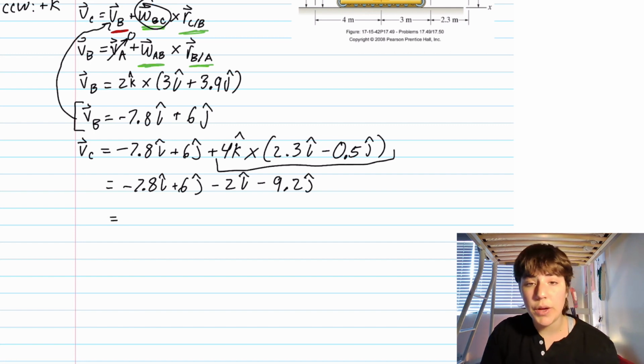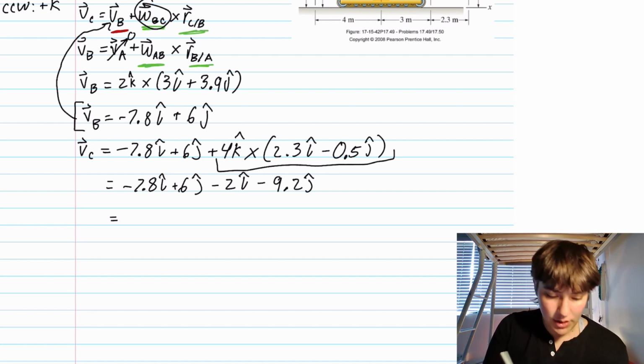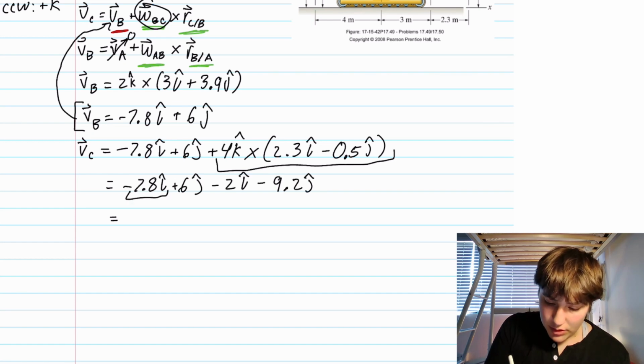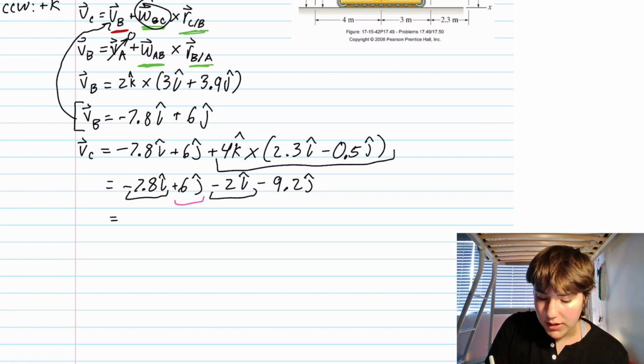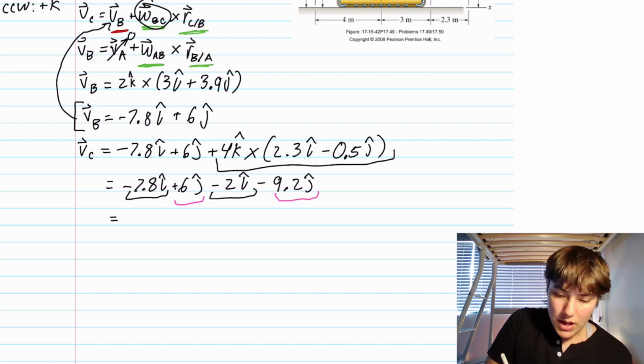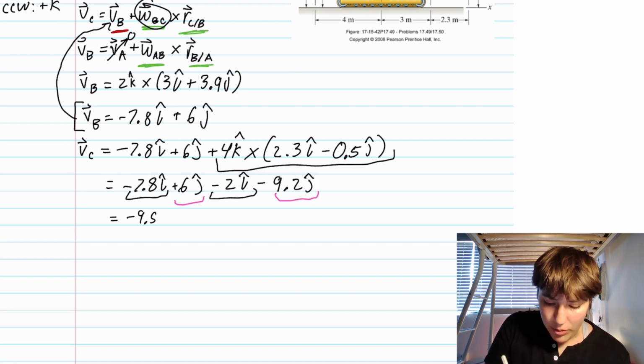Then we can equate the i hat components with the other i hat components, and all the j hat components together, to get one singular value for each component. So you would add these together, and then add these together, and that gives you negative 9.8 i hat minus 3.2 j hat.